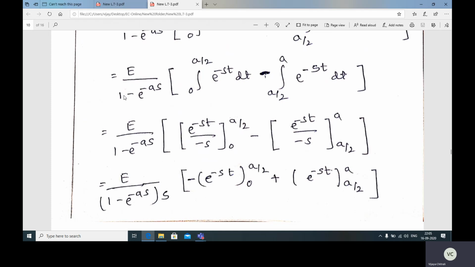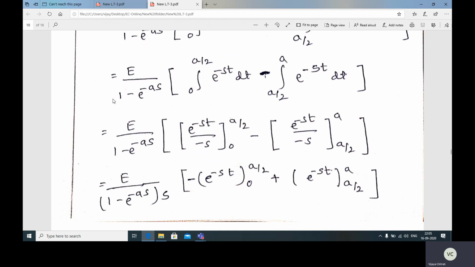Now integrate with respect to t: E divided by 1 minus e raised to minus as into bracket, e raised to minus st divided by minus s, limits 0 to a by 2, minus e raised to minus st divided by minus s, where t varies from a by 2 to a.